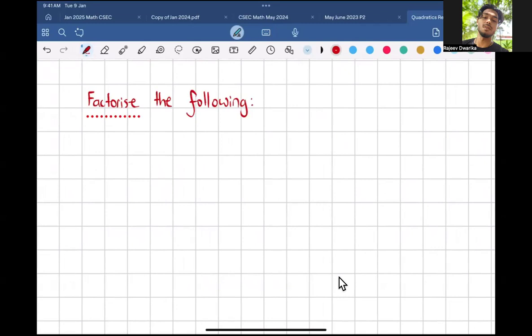So the first one, I want you all to factorize and solve for x. So x squared plus 6x plus 8. Factorize the following and solve for x. Right. Question 2.